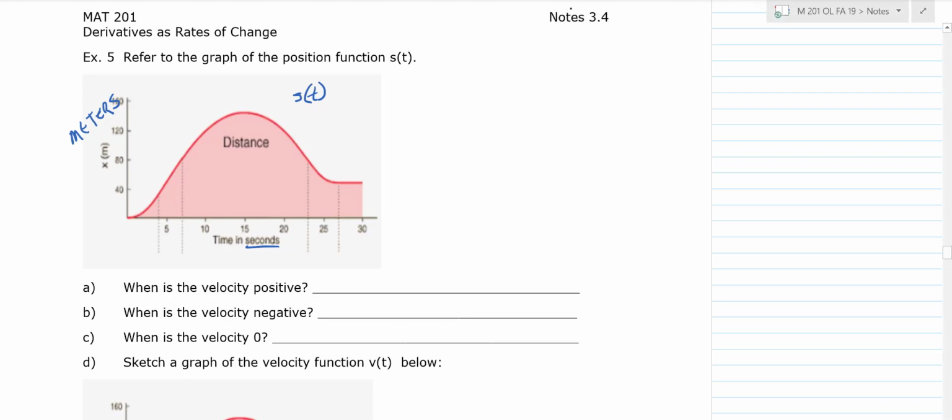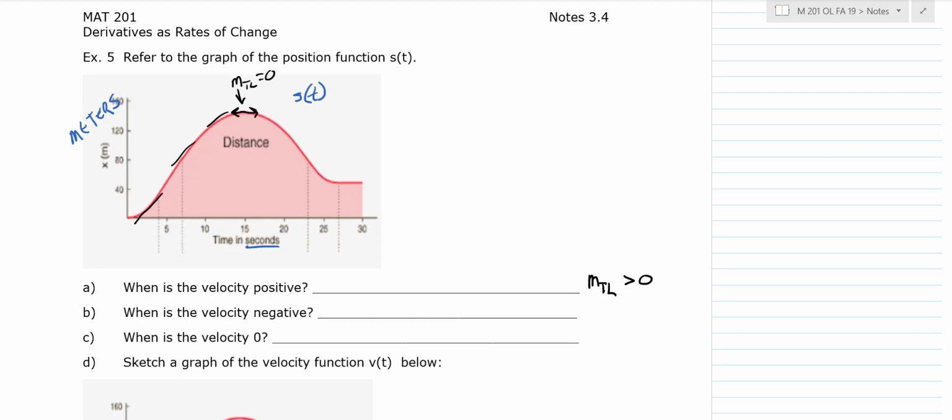Okay, so again, it's when the slope of the tangent line is greater than 0. The velocity is positive when the slope of the tangent line on a position graph is positive. So when does that happen? You have positive sloping tangent lines right there. When you get there, the slope of the tangent line becomes 0.